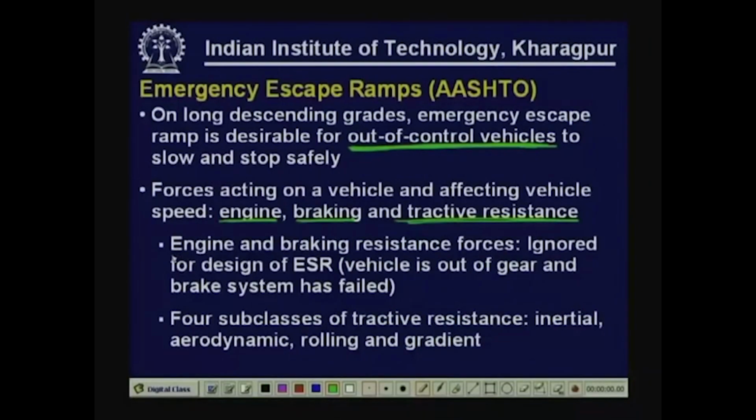The critical condition occurs when the vehicle is out of gear and the brake has failed. That is the most critical condition. So, if a design is safe for the critical condition, it will automatically be safe when there are engine force and braking force. So, for the design of emergency escape ramps, we neglect the engine and braking resistance.